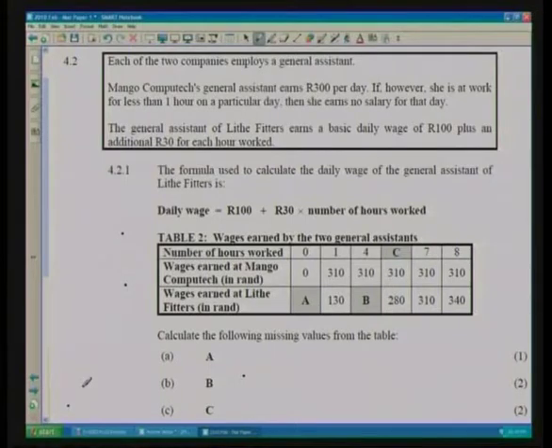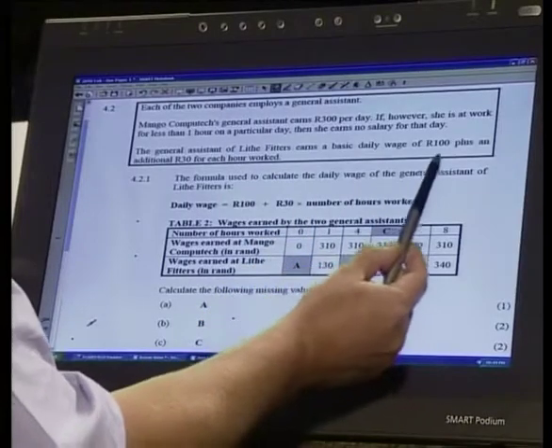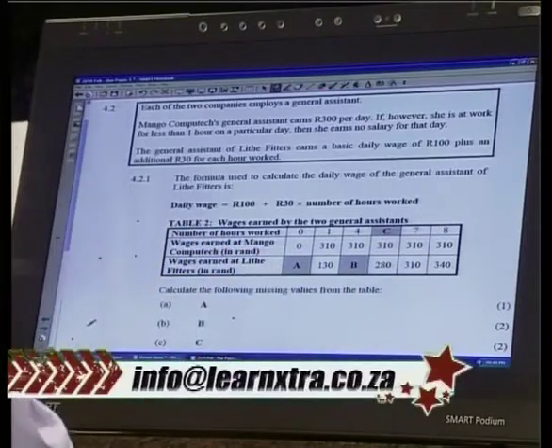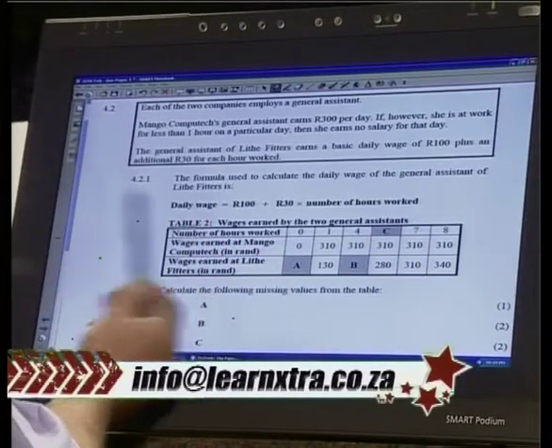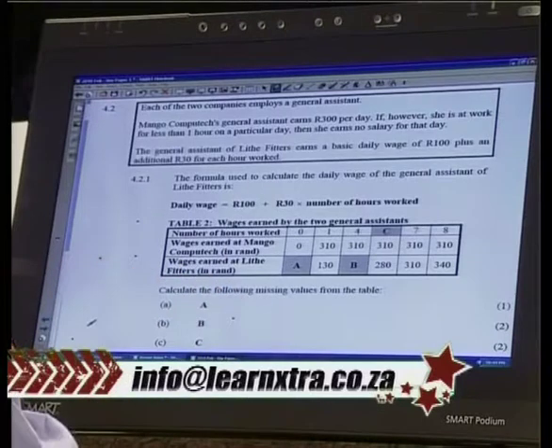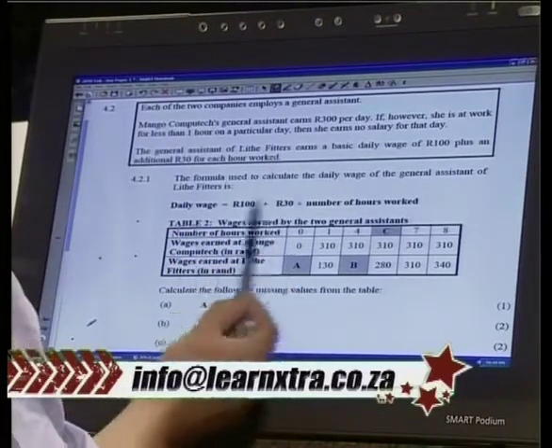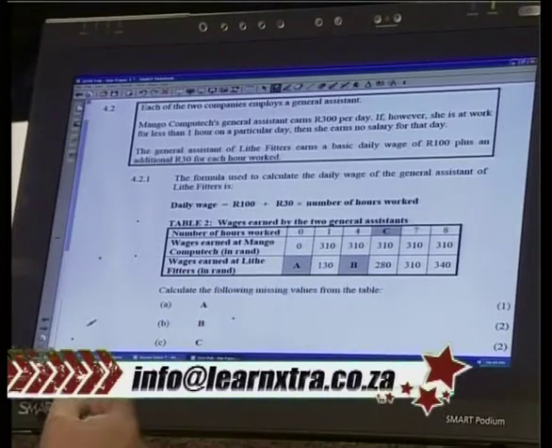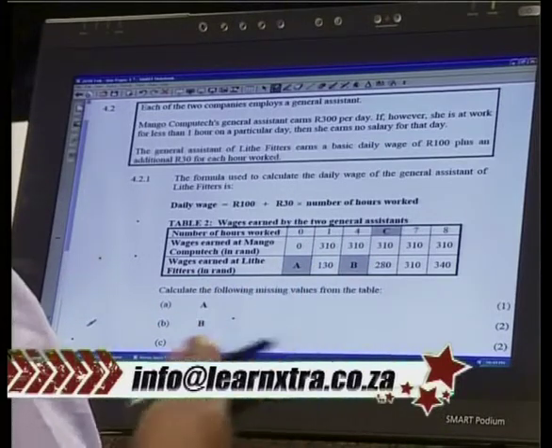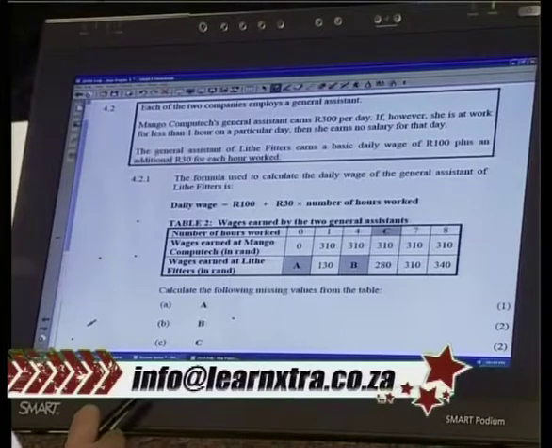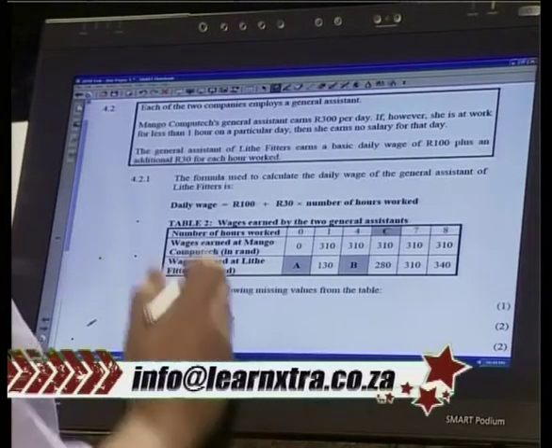Let's have a look. The formula used to calculate the daily wage of the general assistant of Live Fitters is given as follows. He gets a daily wage of 100 Rand, plus he gets 30 Rand for the number of hours that he works. Okay? So now what we're going to say is this.